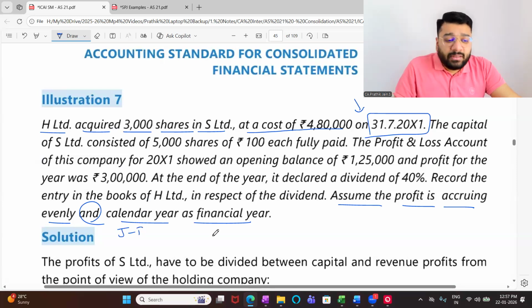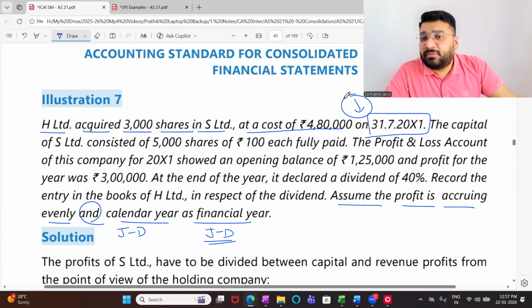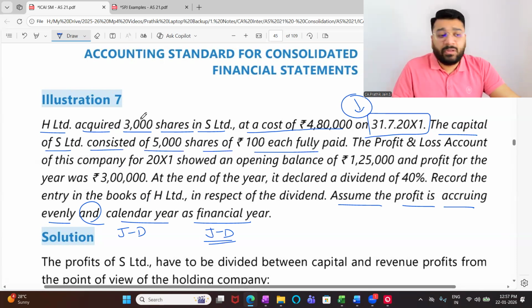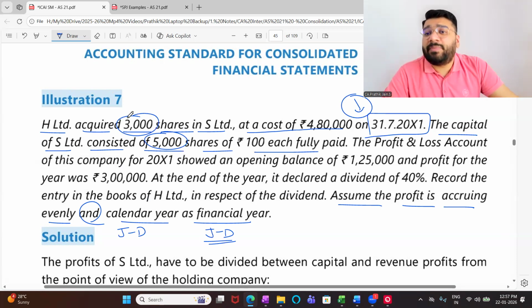January to December. That is the financial year. And 31 July is coming in the middle of the year. So acquisition is happening somewhere in the middle of the year. Be careful. The capital of S Limited consisted of 5,000 shares of 100 each fully paid. Out of 5,000 shares, how many shares have we acquired? 3,000 shares. How many percentage? 60% we have acquired.